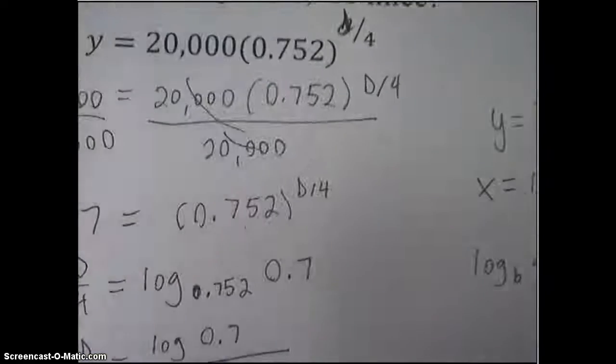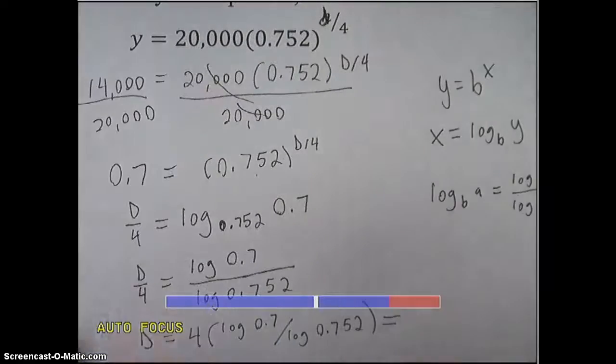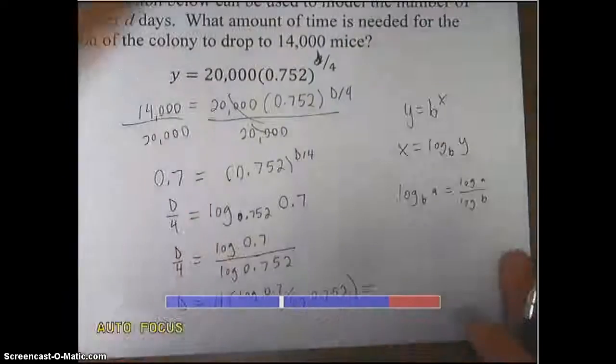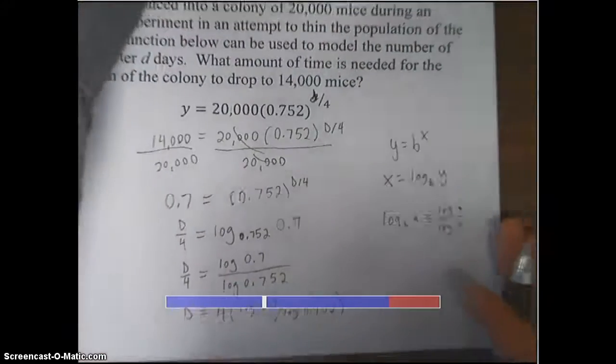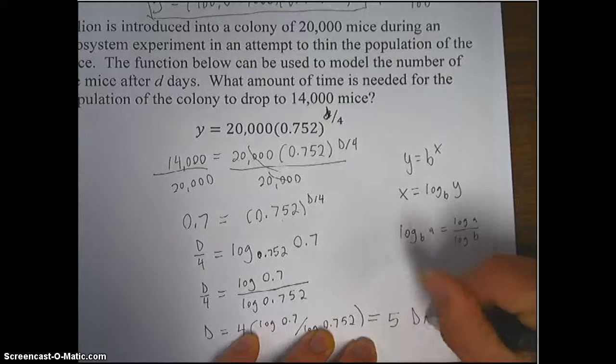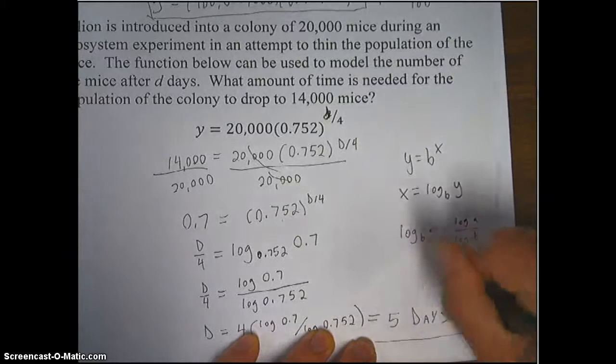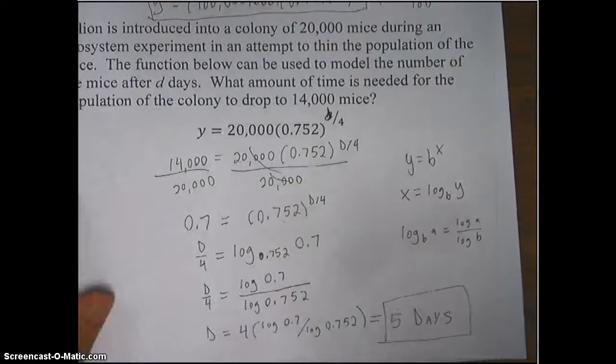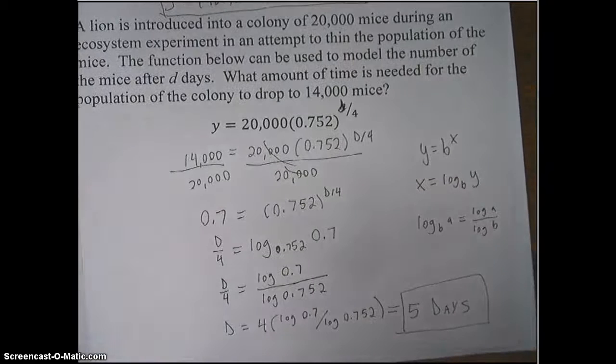We'll just round that to the nearest day. We'll call it an even 5 days. And what's really important on word problems is that you always label your answer with units. In this case, the answer is 5 days. That's how long it'll take for that ecosystem of mice to drop to 14,000 from 20,000. So that's a really hungry lion, it turns out.